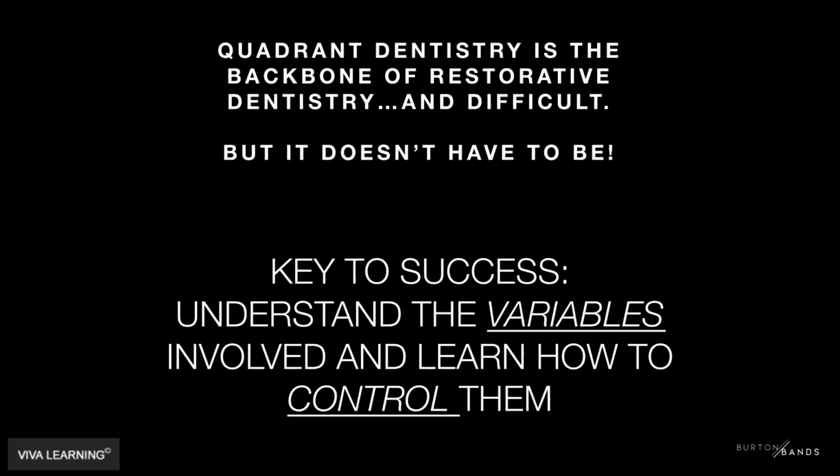It's the workhorse. It's in demand constantly, and it never goes away. Materials have changed, things have gotten better, and we've gotten more predictable, with less sensitivity to the bonding agents. But we're still having some trouble in some areas, in efficiency and predictability. And as I mentioned before, the key I found is understanding the variables and learning how to control them.